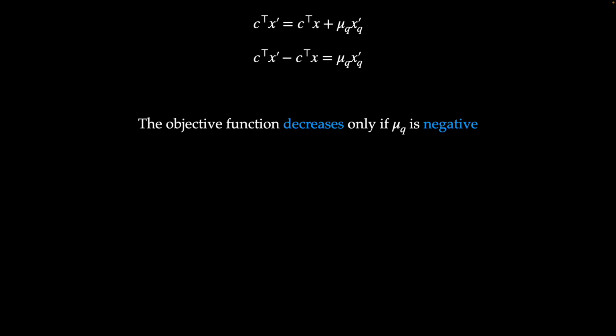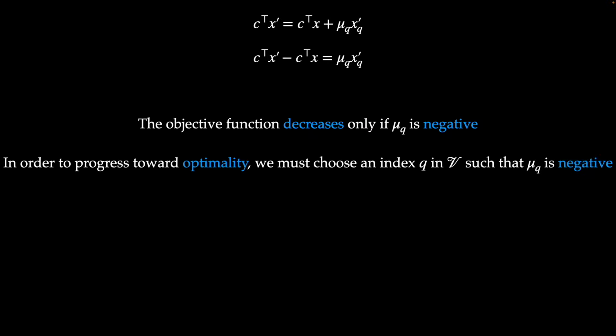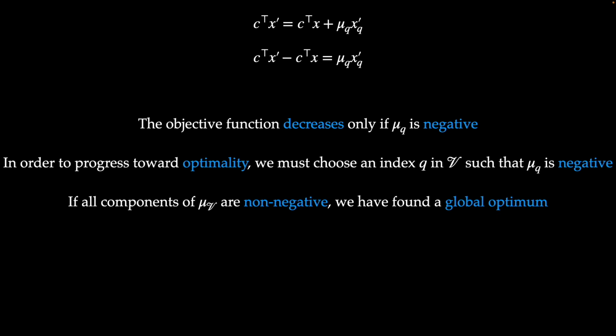In order to progress toward optimality, we want to be decreasing our objective, so we need to choose an index from our free variables such that mu q is negative. If, however, all of the components of our mu Lagrange multiplier, in the free indices, are non-negative, then we have found a global optimum by dual feasibility.